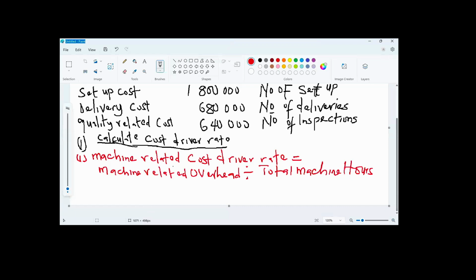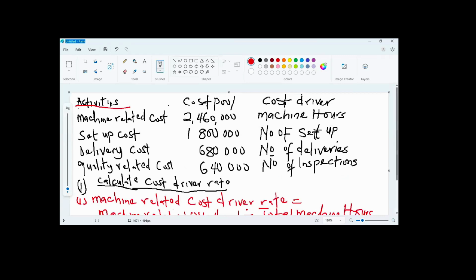So we know the machine related overhead cost. That is 2,460,000.